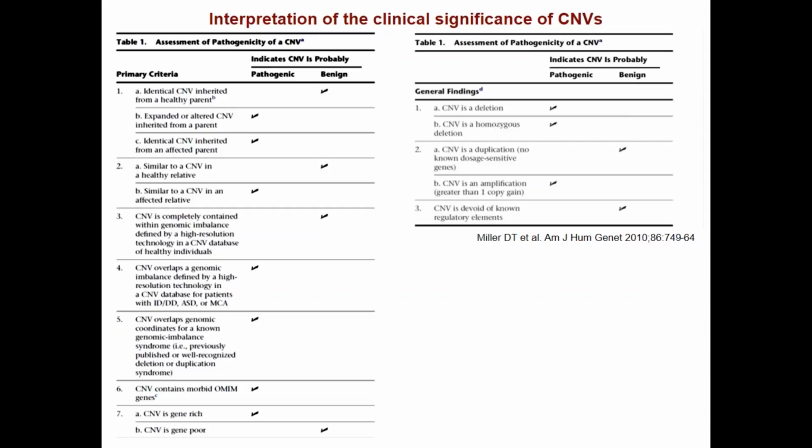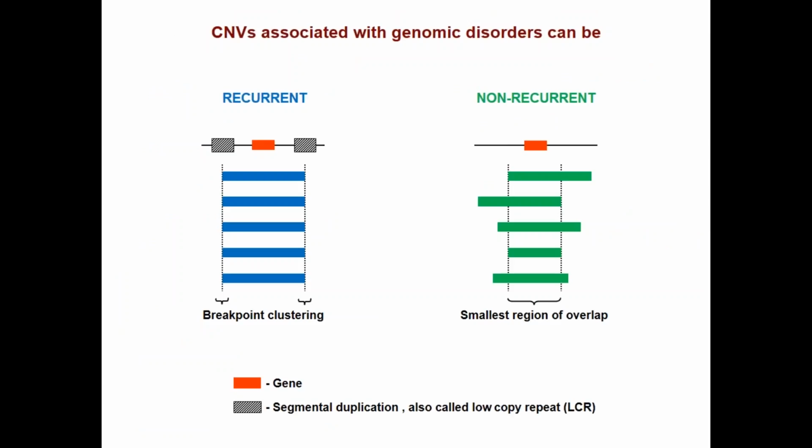This is a table that was published in 2010 that helps us interpret the clinical significance of CNVs in a clinical setting. You don't have to go through every point here, but these are just clues or guidelines that help us determine the pathogenicity of a CNV.